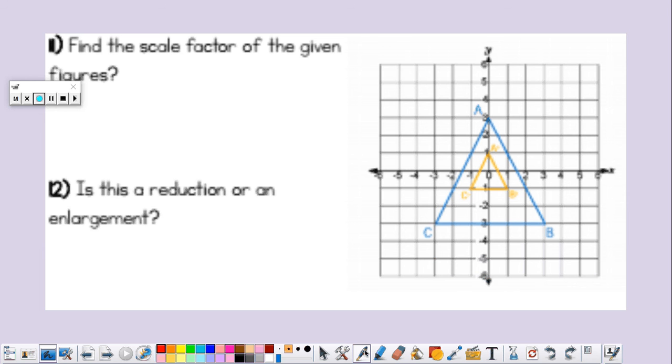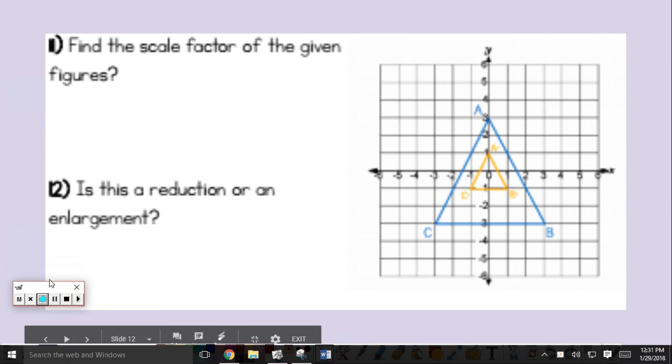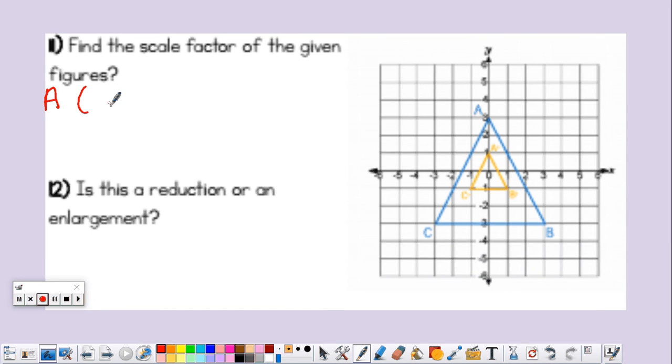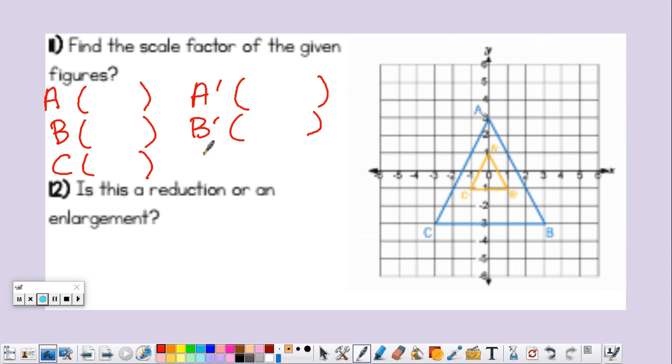All right, so what I want you to do is write on the back of your paper the coordinates for A and A prime, B and B prime, C and C prime. I want you to go ahead and figure those out.